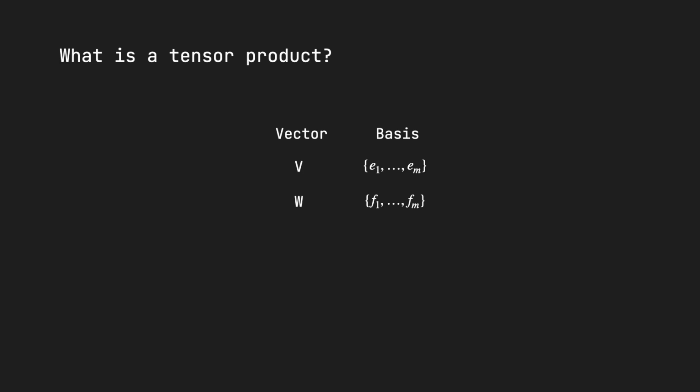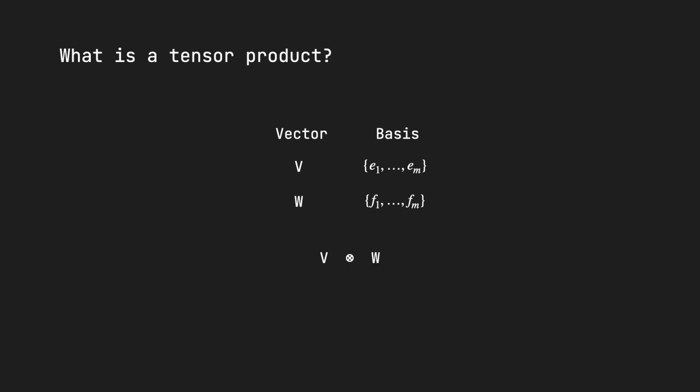So how do we combine these two vector spaces to form their product? This is where tensor products come in. V tensor W is actually a new vector space, and elements of this vector space are constructed by using bilinearity. There is a set of rules that allow me to figure out what element belongs to this vector space.